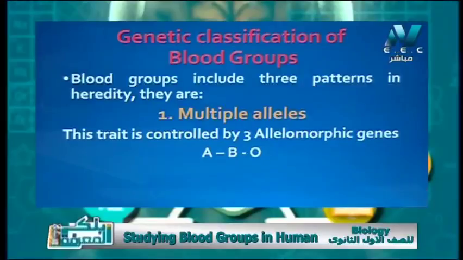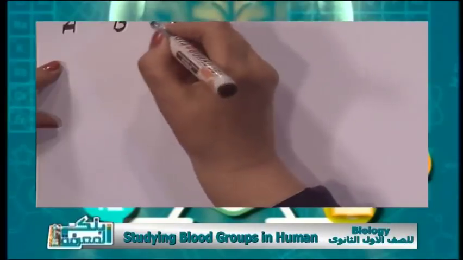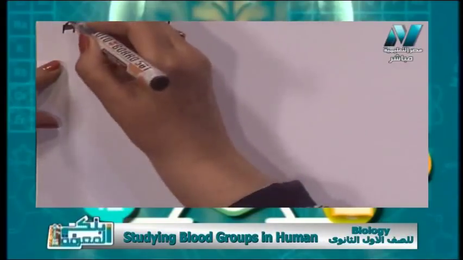And when we studied the lack of dominance case, we found that both genes share to produce a third type. So in both cases, the character was controlled by 2 genes, but here there are 3 genes: the gene A, the gene B, and the gene O.